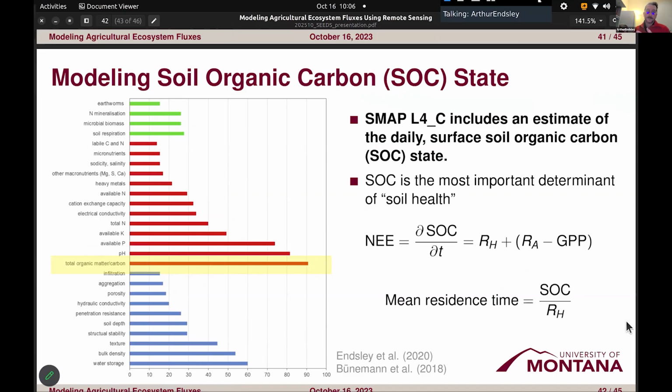And that allows us to quantify the net carbon balance, which is actually just the time change in soil organic carbon. So ultimately, we can estimate parameters like soil organic carbon and the mean residence time of carbon, which are both key determinants of soil health.